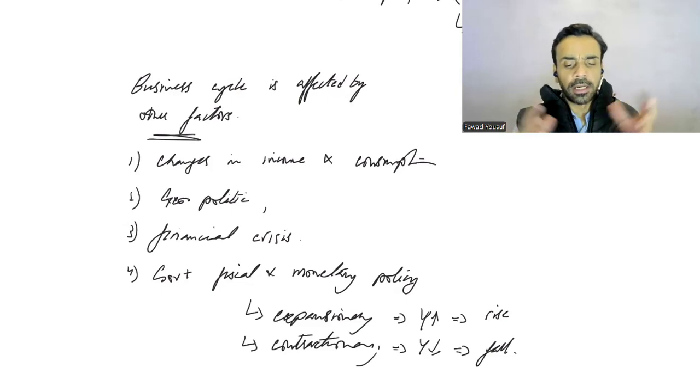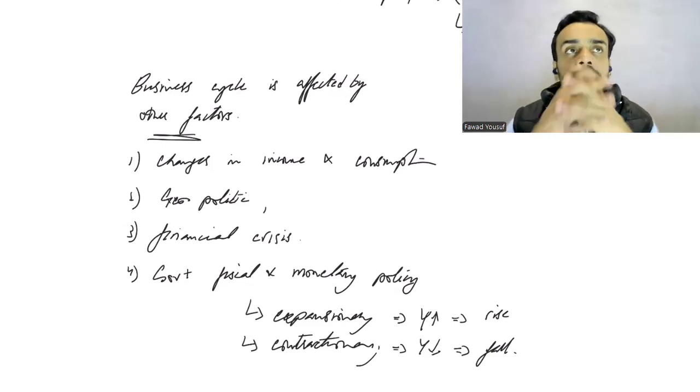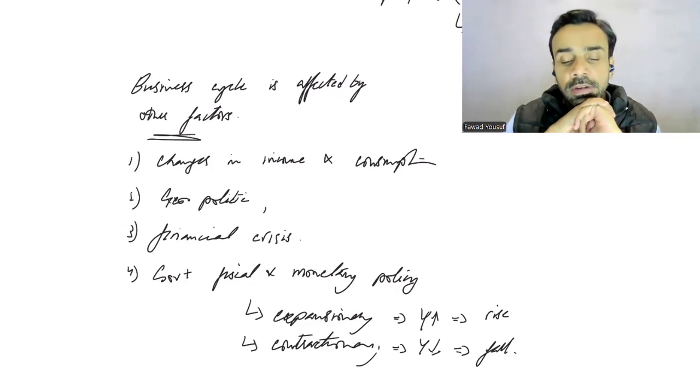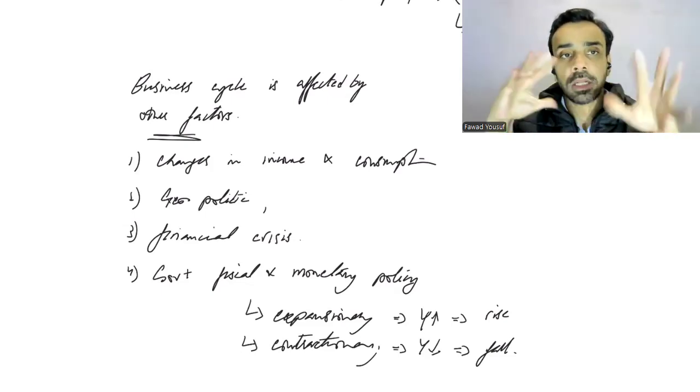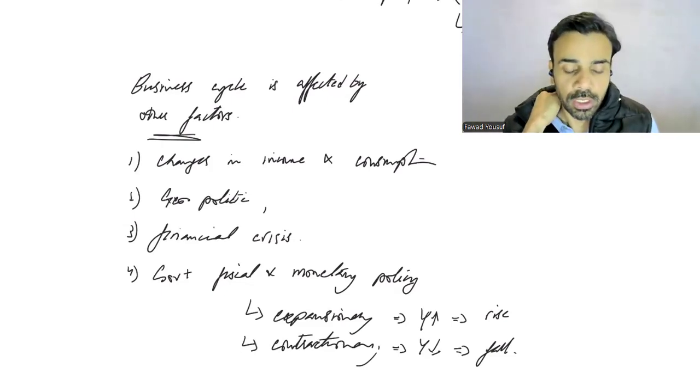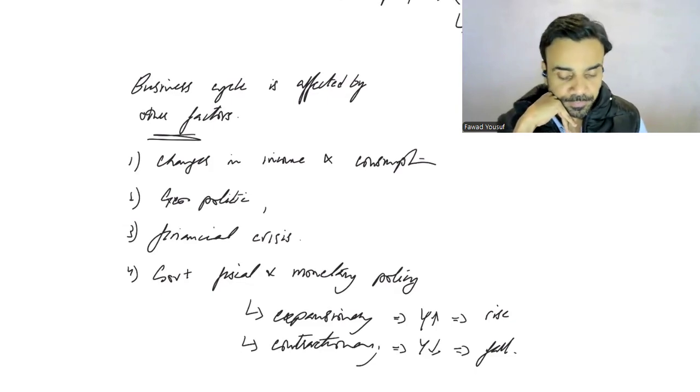So इस तरह से आप close करेंगे that investment is not the only factor which is going to have an impact on the business cycle. So somewhere along that line, this is how you're supposed to kind of write an essay on this one.